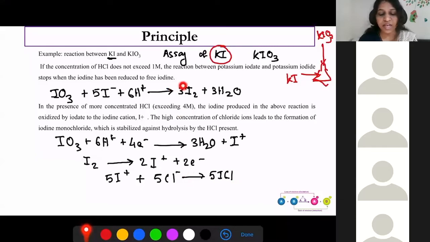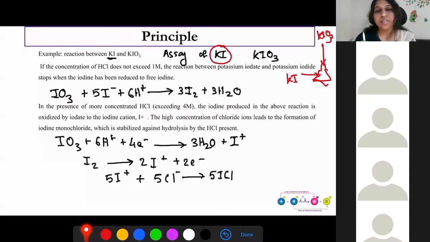But this reaction will only go to completion if the HCl utilized is exceeding 4 molar. If you do not use the HCl more than 4 molar, the reaction will stop at the generation of iodine. Till here, everybody is clear? Yes, ma'am.